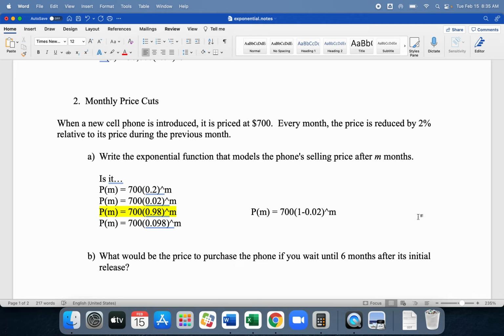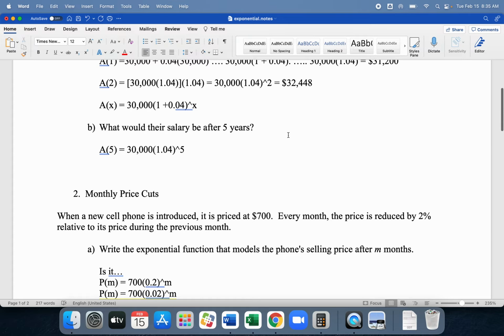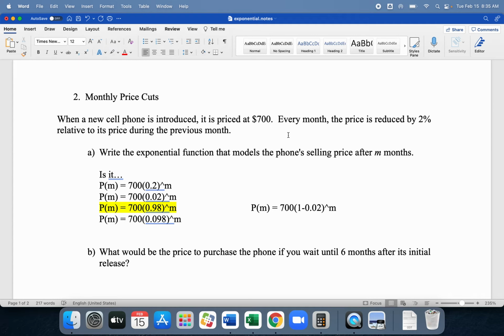So in the previous question, the 1.04, in this question, the 0.98, the number that's the base of the exponent, the thing that we're multiplying by repeatedly to get future values, that number is typically called, in general, a growth factor, although in this case it's not growing, it's shrinking.